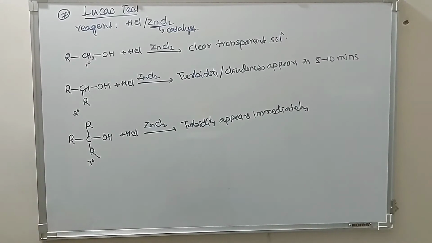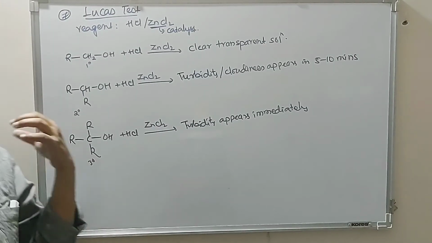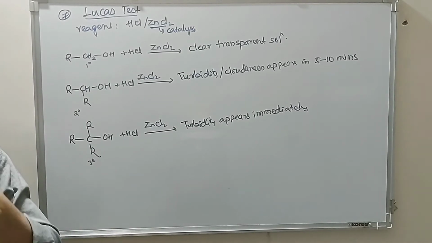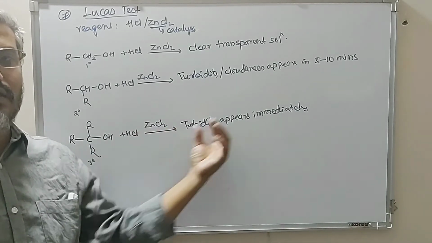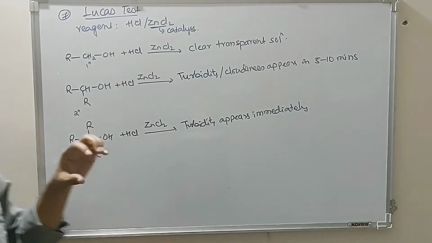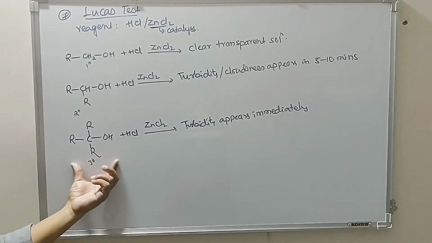If the turbidity appears immediately, then this is tertiary alcohol, because the tertiary alkyl chloride formed will be very insoluble, means least soluble. So immediately the turbidity appears. So if the sample gives you immediate turbidity, tertiary.